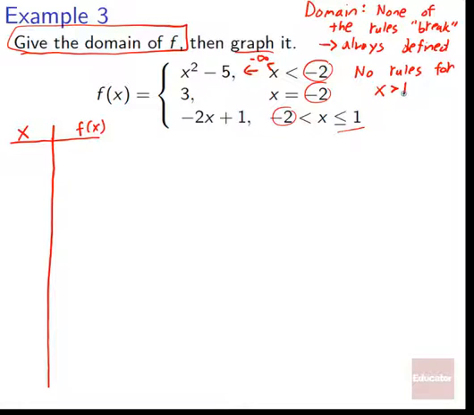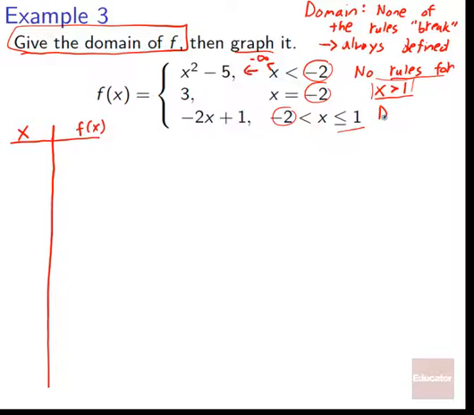If we plug in, say, 500, we say, oh, this doesn't belong to any categories, so f is undefined at 500. It's not in the domain.